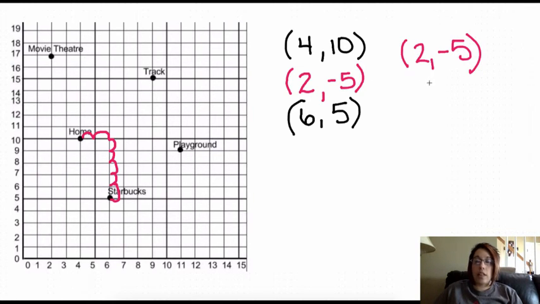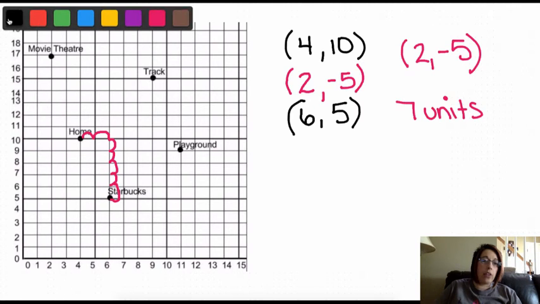Now we need to say the number of units that we traveled. Well, 1, 2, 3, 4, 5, 6, 7 units. We could have also said 2 plus 5 is equivalent to 7.